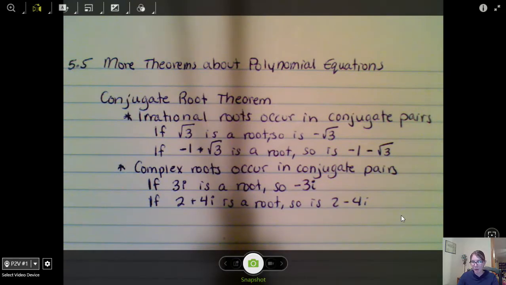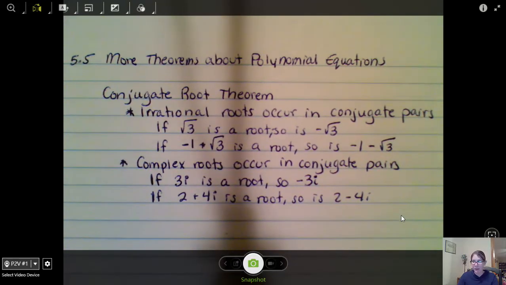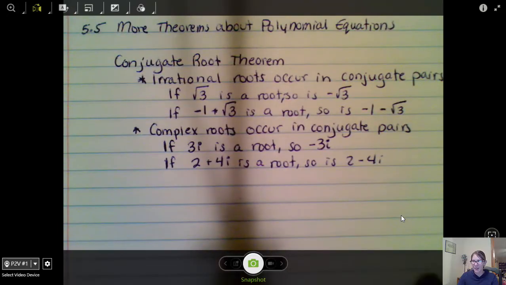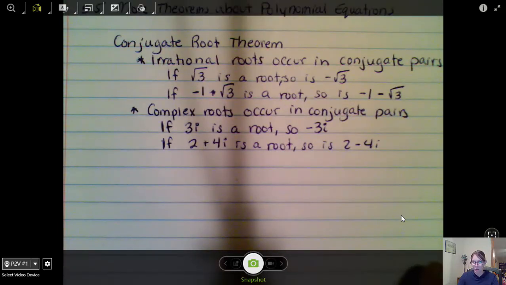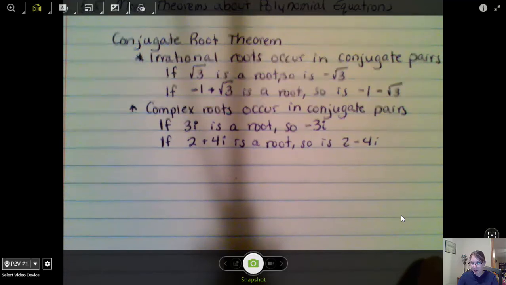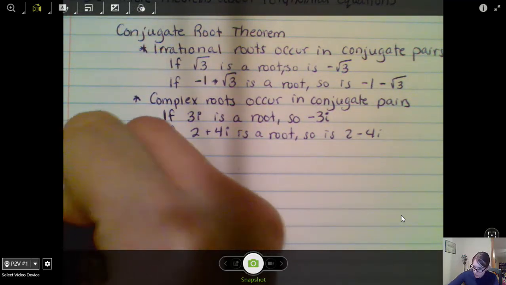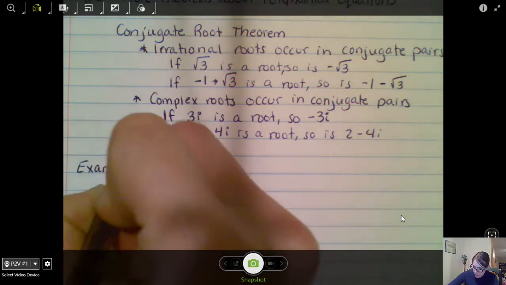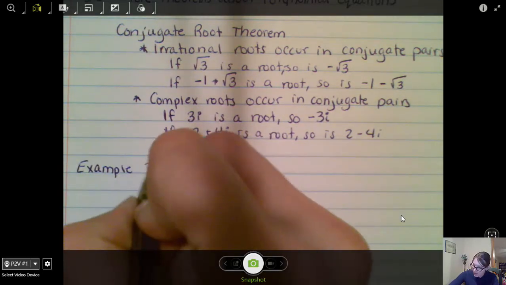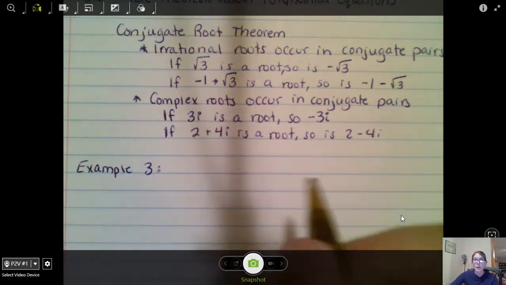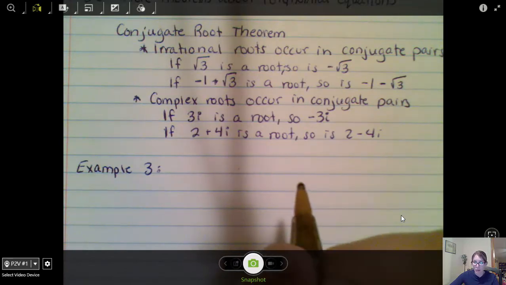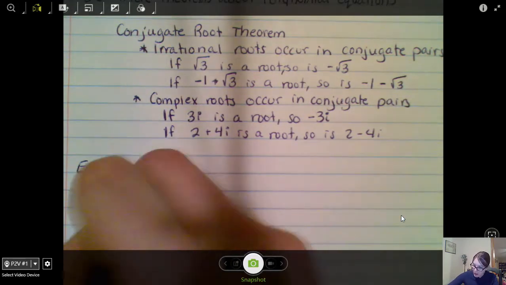Okay, so let's do a couple problems using our conjugate root theorem. And I'm going to include both of those examples in the same video here, just because they're really pretty different from each other. And we'll call this example 3, since you saw example 1 and 2 with the rational root theorem. Okay, example 3 here.